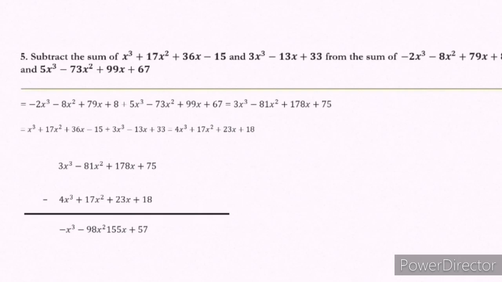Then negative 81x squared minus 17x squared is equal to negative 98x squared. Then 178x minus 23x is equal to 155, that is 155x. Then 75 minus 18 is equal to 57.